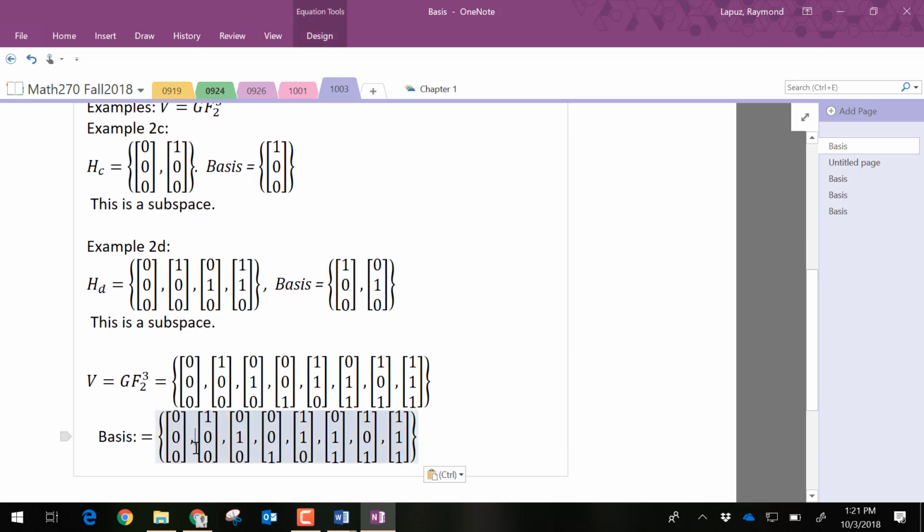And so we know that the zero vector is gone. And from the last example, 1, 1, 0, we can get by adding 1, 0, 0, and 0, 1, 0. So we can get rid of that. Can we get rid of anything else? Yeah, so the other ones can be linear combinations of these first three.